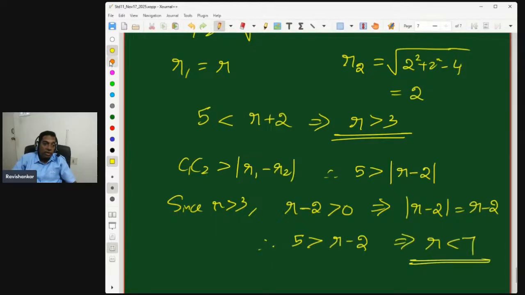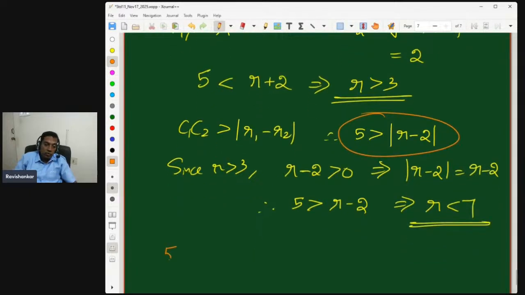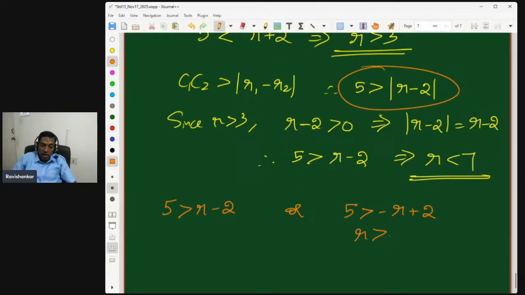See, normally an equation like this will have two conditions. So, 5 greater than R minus 2 or 5 greater than minus R plus 2. This will give R greater than minus 3, which is useless because we anyway know R is positive.